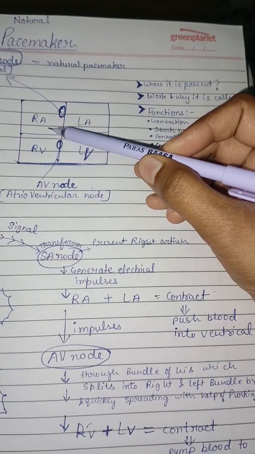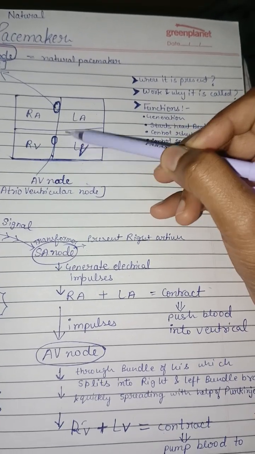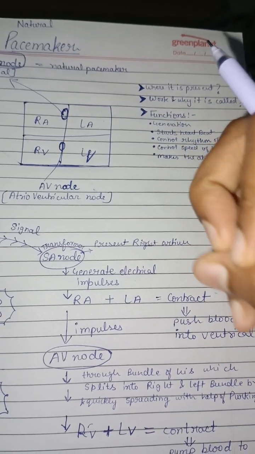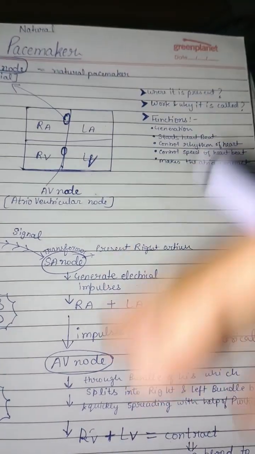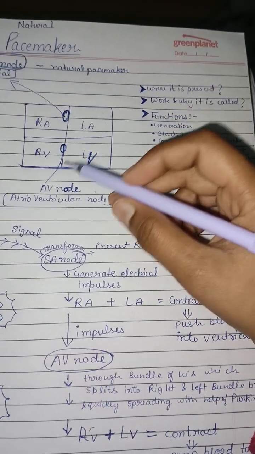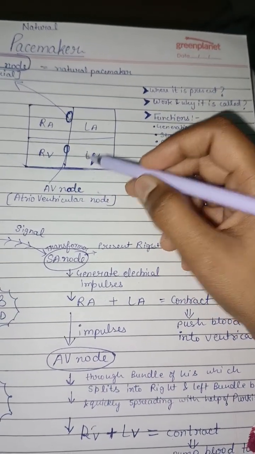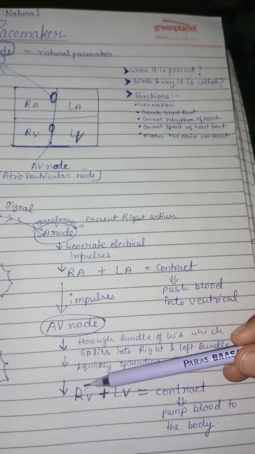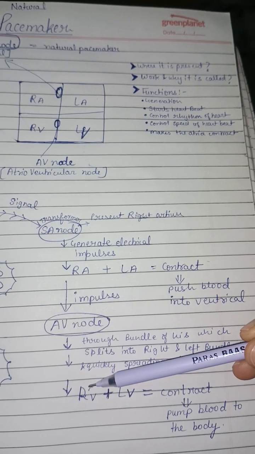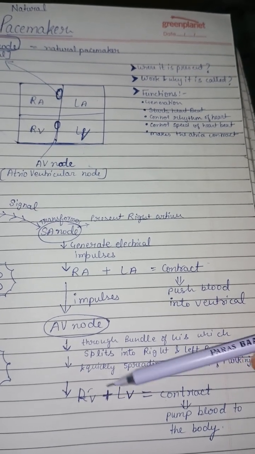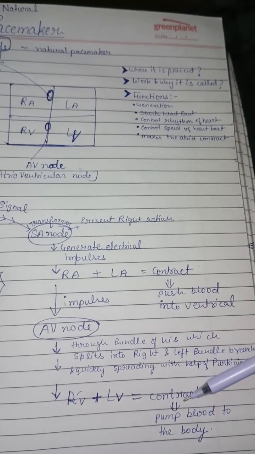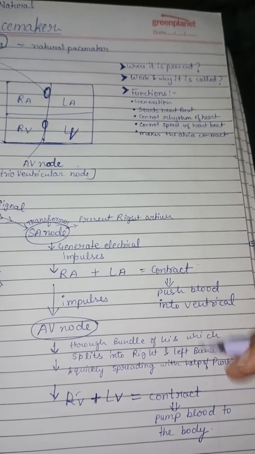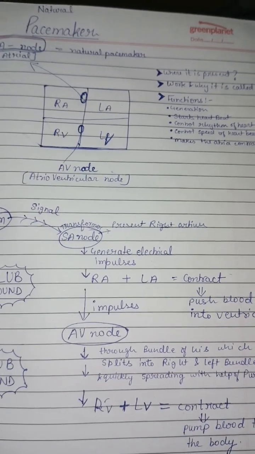The Purkinje fibers help to quickly transmit the signals to the ventricular chambers. When the AV node transfers the signals to the right and left ventricles, they contract and pump blood to the whole body.